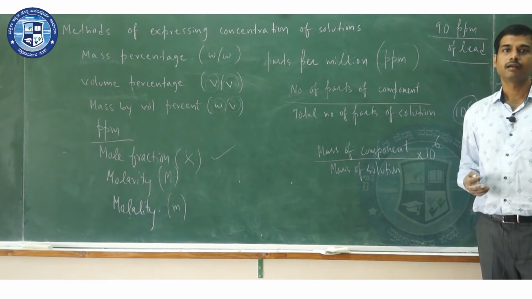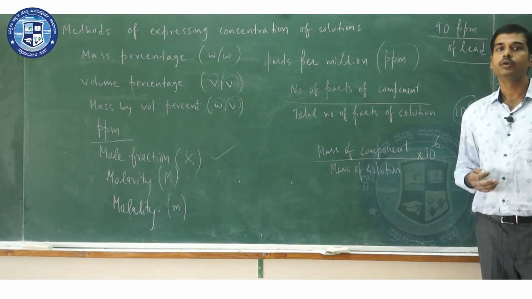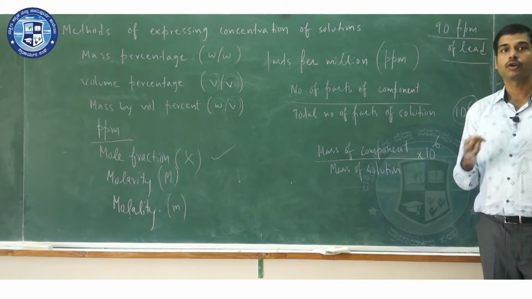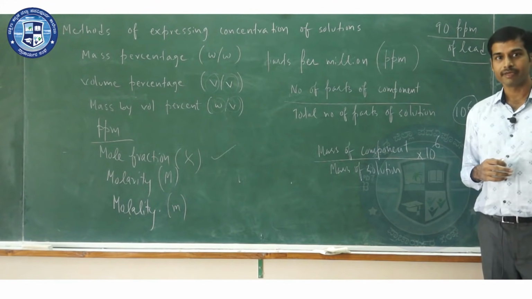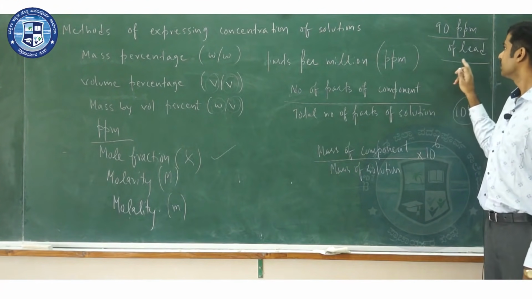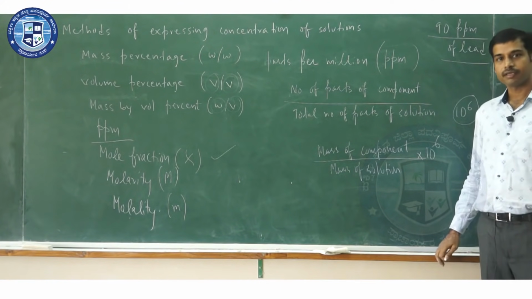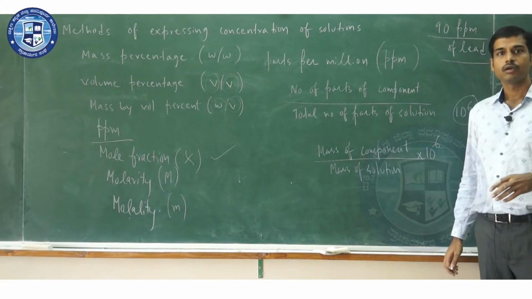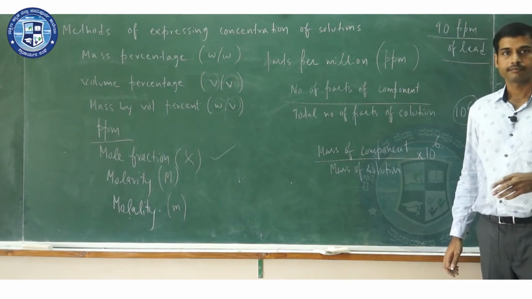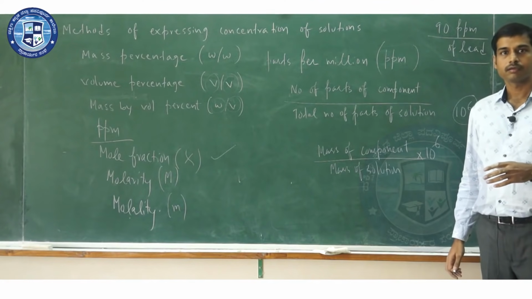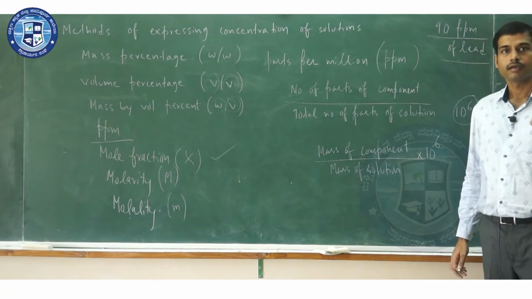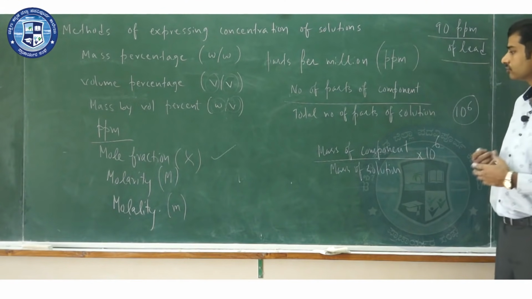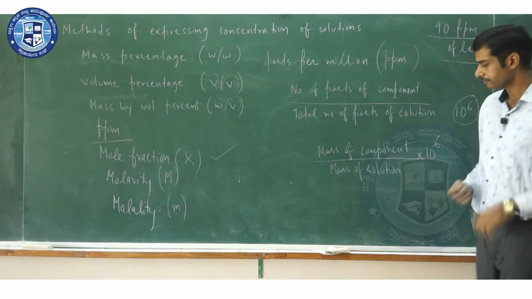Lead is a heavy metal, toxic, it might lead to health hazards, and therefore the percentage of lead should not exceed permissible limits, 90 parts per million of lead. What do you mean by this? You take this paint solution and you divide this into 1 million parts, and out of 1 million parts, 90 parts will be of lead. So that is the concentration expressed in terms of parts per million.